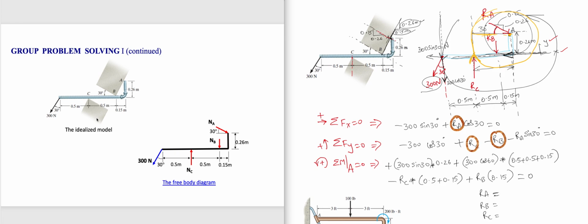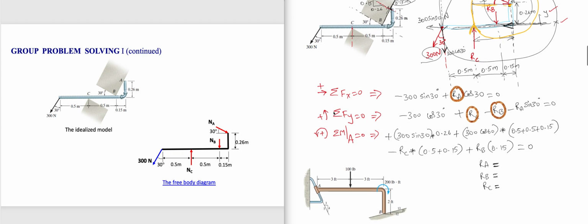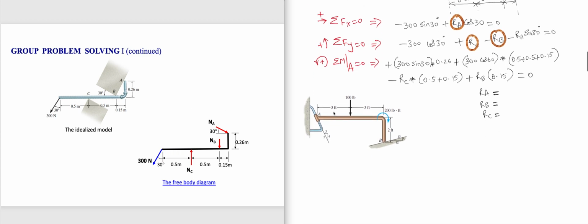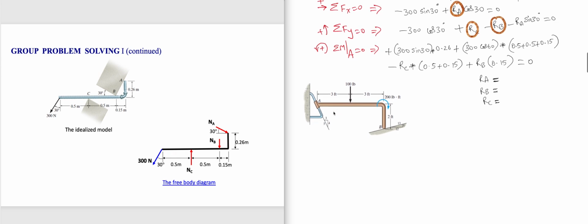So it's your task to find the values of these three forces for this assumption. This is the task for you. Take your calculators, use the three equations, solve for the three unknowns, and find the answer, because maybe you require this for the quiz. This concept is required for the quiz.